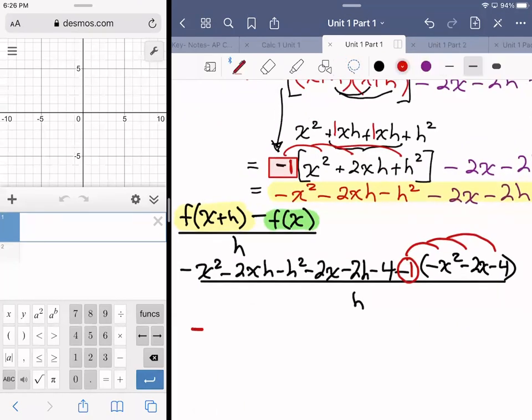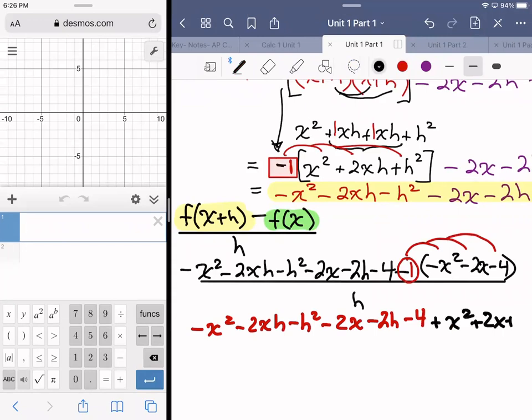We get -x² minus 2xh minus h squared minus 2x minus 2h minus 4. But then you have the plus x squared plus 2x plus 4. All right, that's the result of the distributive property.